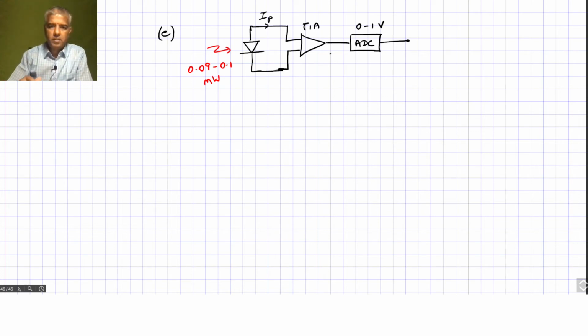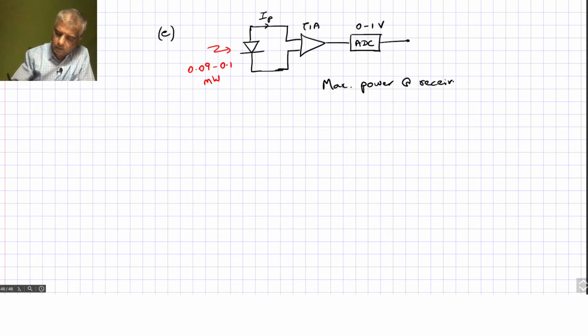This power that's incident on the photodiode is generating a certain photocurrent. So let's look at this maximum power at receiver, which is 0.1 milliwatt. At 0.1 milliwatt, what is the photocurrent that we are expecting?